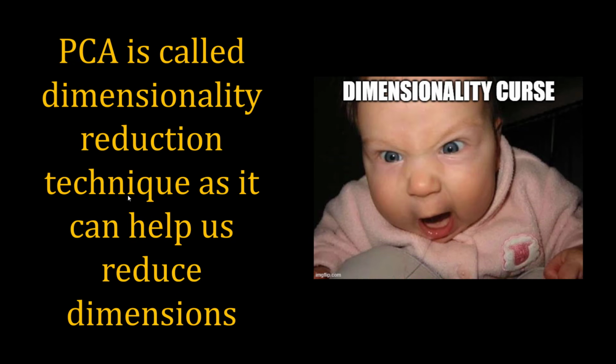In machine learning, the curse of dimensionality is a big problem. So many datasets have so many columns, so many dimensions, and that makes our model really complex and hard to visualize. And PCA is an excellent technique that helps you deal with the curse of dimensionality. Let's get to Python coding now.